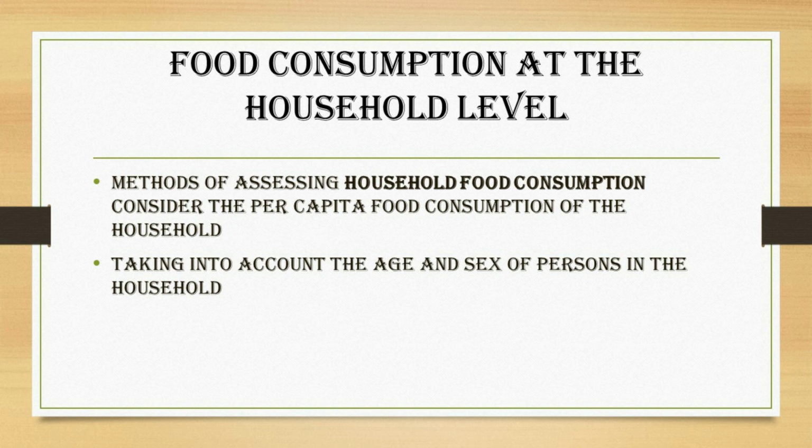Methods of assessing household food consumption consider the per capita food consumption of the household, taking into account the age and gender of the persons in the household, the number of meals eaten at home or away from home, income, shopping, and other factors.